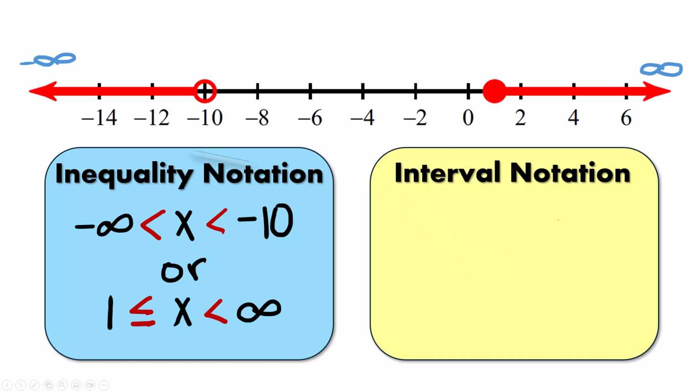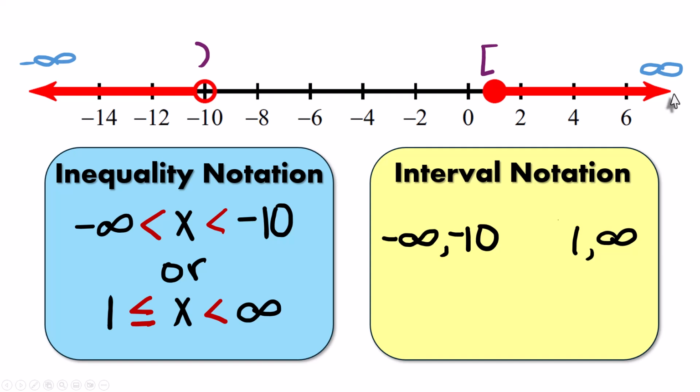In interval notation, you just draw or write each one of these separately. And we'll use a parentheses up here because that's open, and we will use a closed bracket here because you can land on it. So for this one, you're going to have negative infinity to negative 10. You cannot land on either one of those.